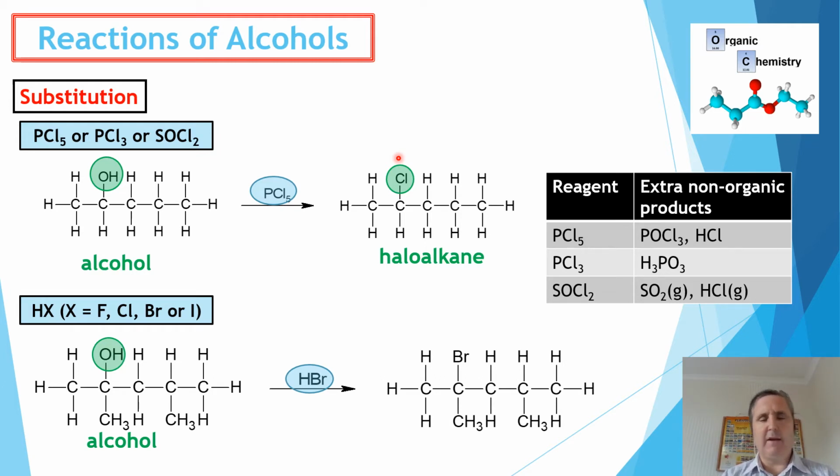So the halogen replaces the OH. And because the OH has been taken away, and we had a hydrogen left after we gave away the bromine, we also produce water at the end of this reaction.